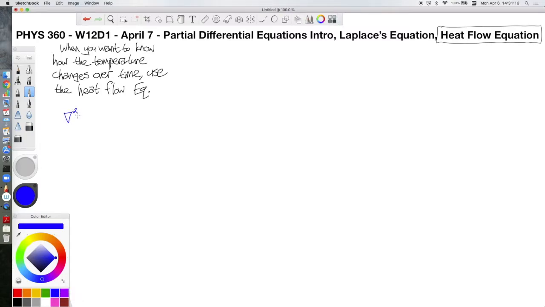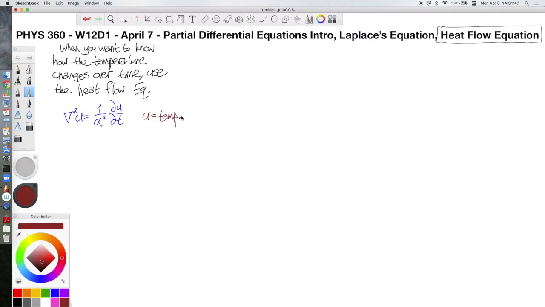The Laplacian of U equals 1 over our diffusivity, which is alpha squared, times the partial derivative of U with respect to t. And just a brief note here, we are no longer going to have T represent our temperature because that will eventually be the time component of our solution. So here U is the temperature.